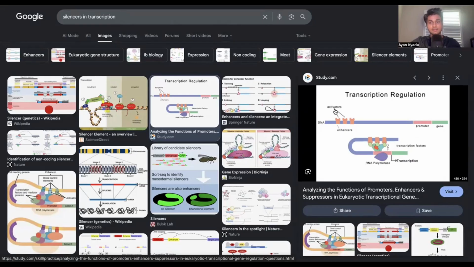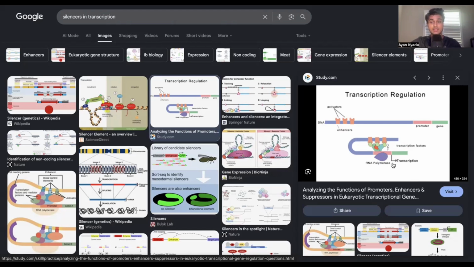And once these activator proteins bind, the DNA is going to loop itself over to the promoter, and it's going to form an entire complex with the transcription factors that allow the RNA polymerase to upregulate its activity and to upregulate the levels of transcription. So enhancers are DNA sequences that bind activator proteins, loop over, and help RNA polymerase achieve transcription.